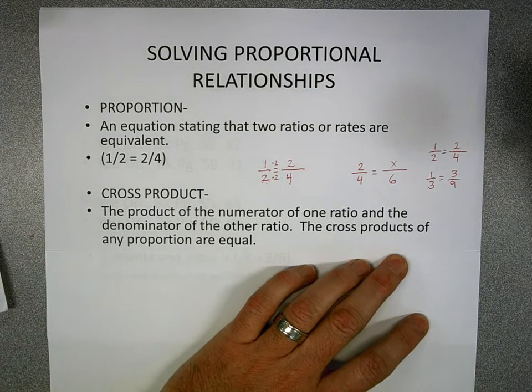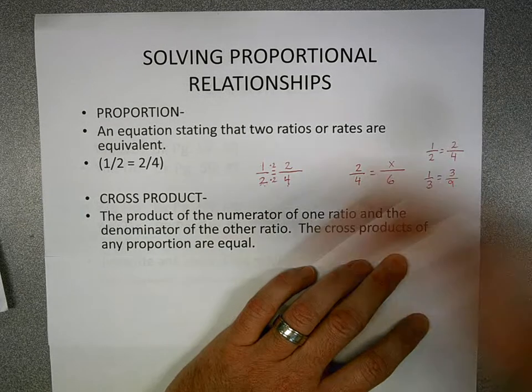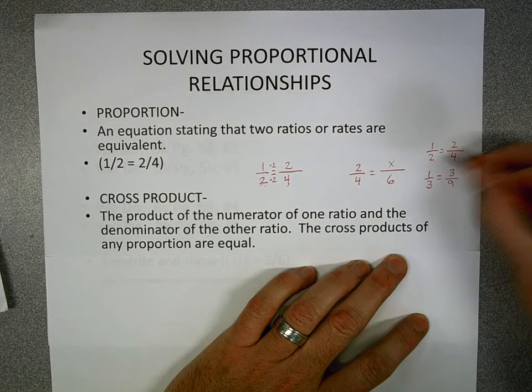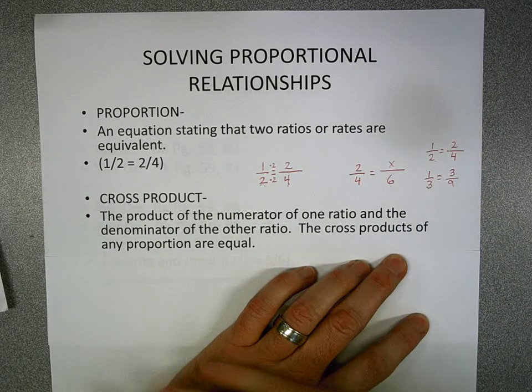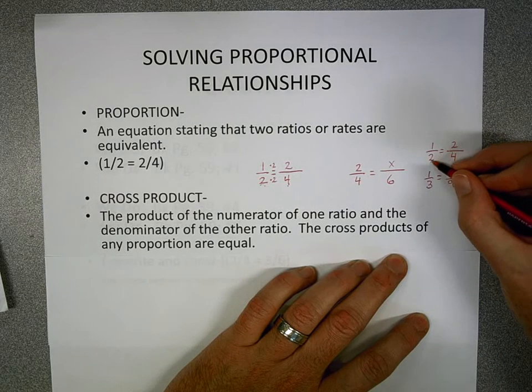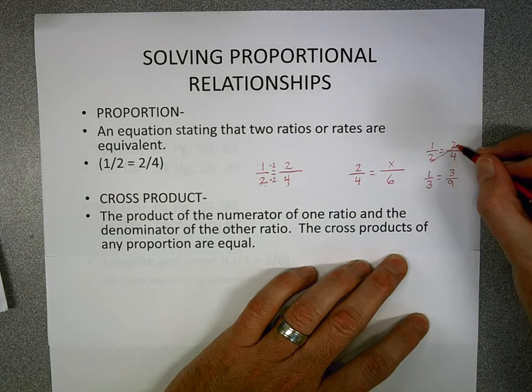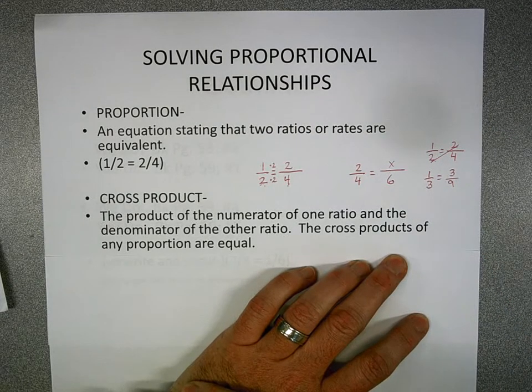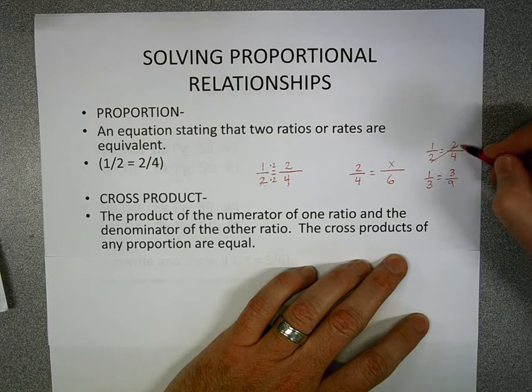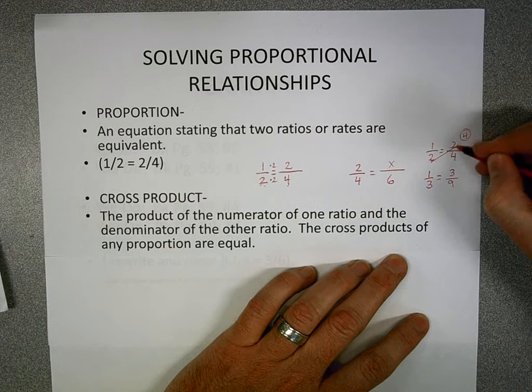Well, here's what they realized. If they took a bunch of different equivalent fractions like this, they realized a little something that was consistent with all of them. If you took these two numbers that are diagonal from each other and you find the product of them, meaning multiply them, 2 times 2 is 4.